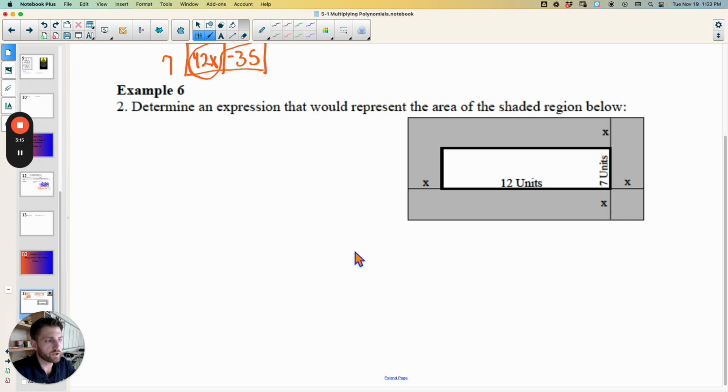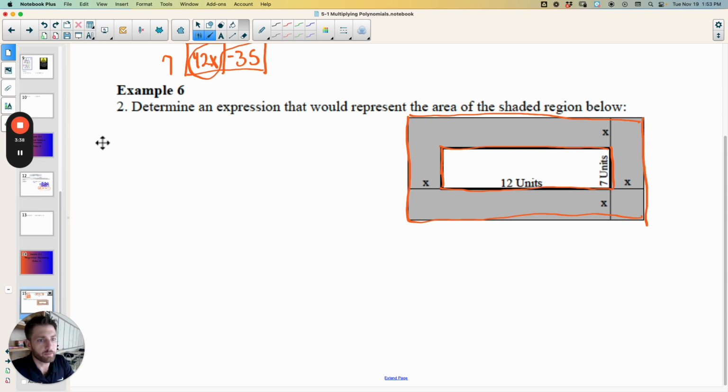And so in order to find just this area that's shaded, I want you to think about this as two separate rectangles. And the area of just the shaded part is going to be the big rectangle minus the small rectangle.